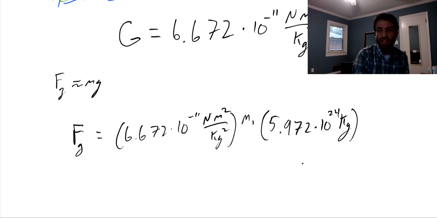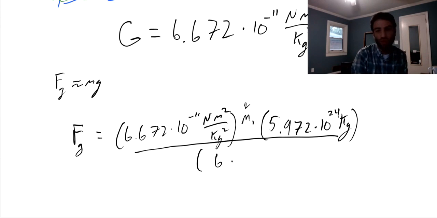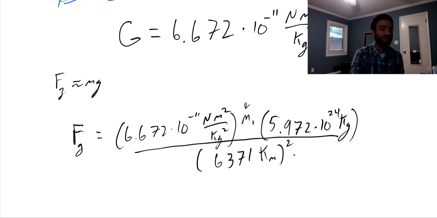Divided by, well, near the surface of the Earth, the distance between the center of the Earth and whatever object we're trying to work out the force of gravity on is basically the radius of the Earth. The radius of the Earth varies a little bit because Earth is not a perfect sphere, but it's pretty close to 6,370 kilometers, squared.